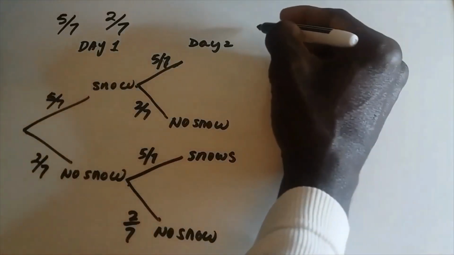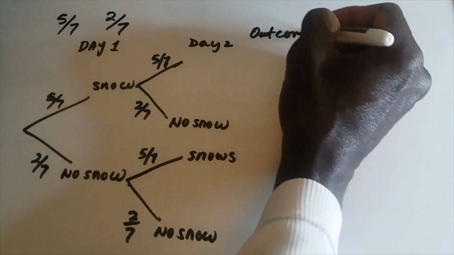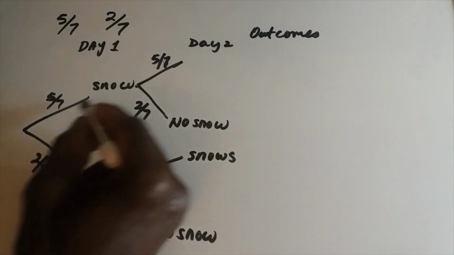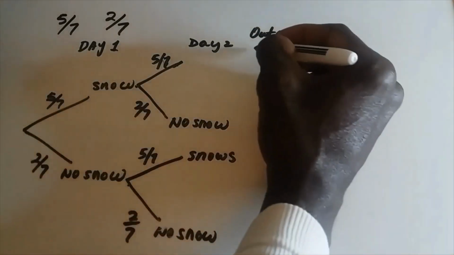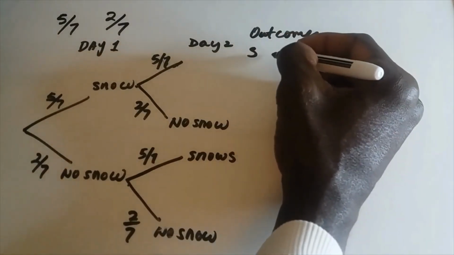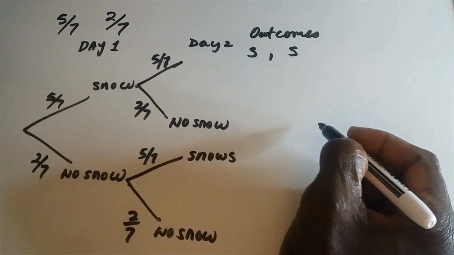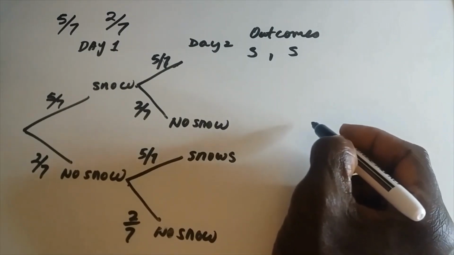So the outcomes, we have a column for outcomes. So here, if we read along the tree here, we have snow. We'll just write S for snow. And no snow, we write NS.